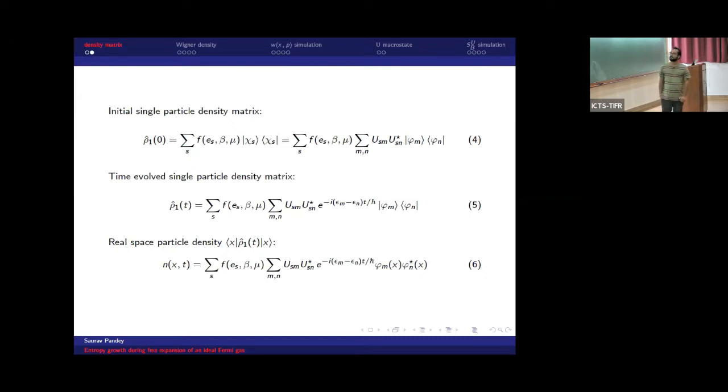U is just the transformation from the box to circle eigenfunctions. Once you do that, you can very easily time evolve it, and the single particle density matrix at time t is given by equation 5.